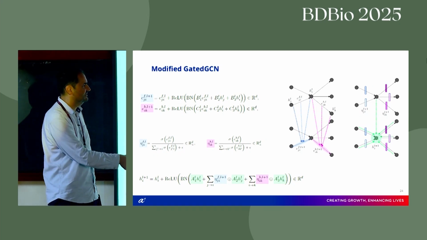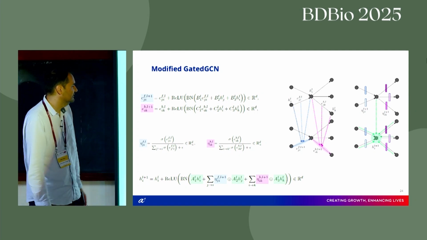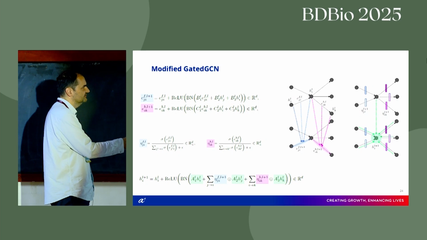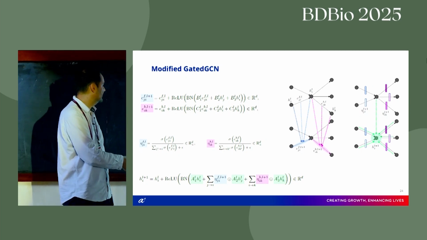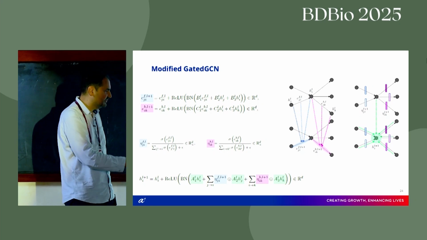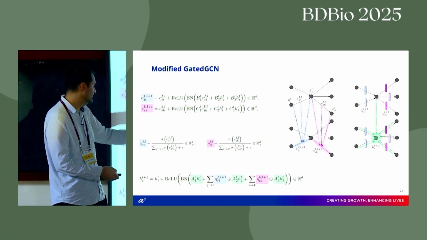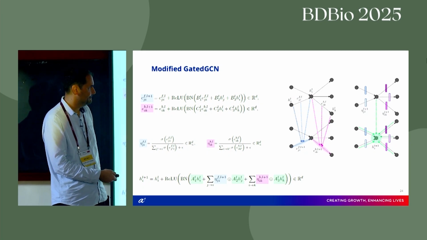And you can see here the differences in blue and in purple. For each of them, we have different matrices and we calculate all these gates separately. And here you can see the whole equation.